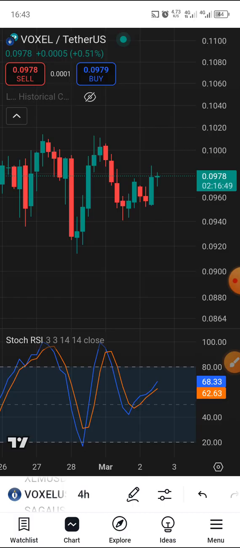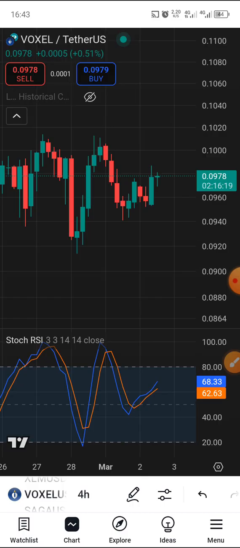Yesterday we looked at how to draw our support and resistance, and today's lesson is a continuation of support and resistance. We are trying to bring you all the simplest ways so that you can make trading very easy. So today we are going to look at an alternative way to draw your support and resistance.